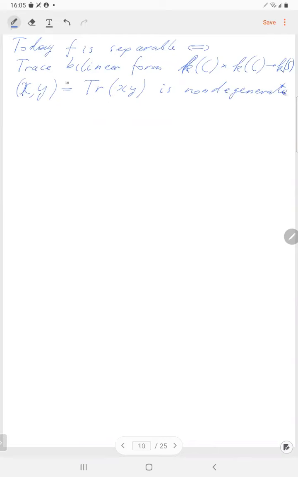Okay, and then you have an embedding, say OC into this big constant quasi-coherent sheaf, but it's constant.